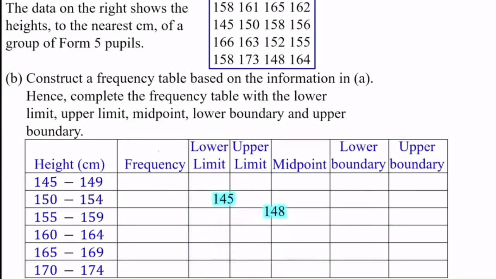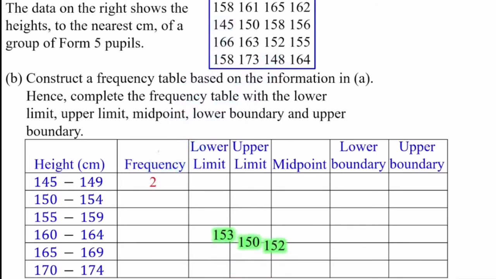Frequency, you have to go to the table and find 145 to 149. It seems like we have 145 and 148 only. We managed to find two data, so we will write frequency as 2. When you do this, you can do the tally. You draw the line, and if it is one bundle, then we tie up.